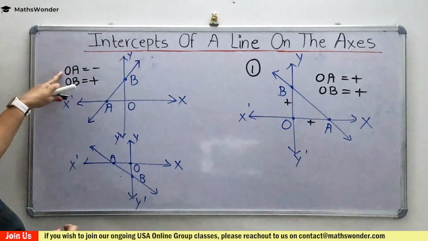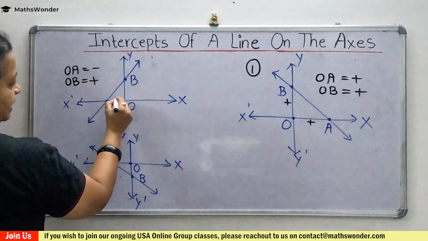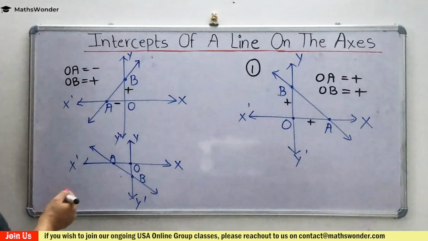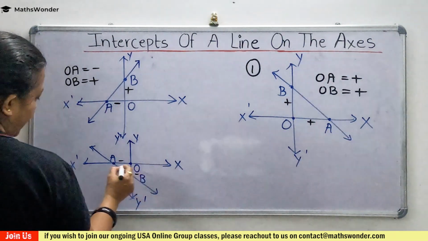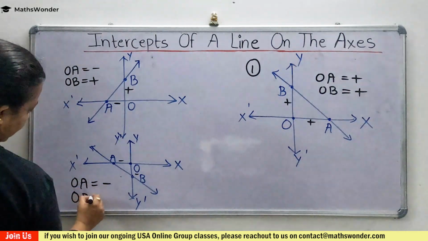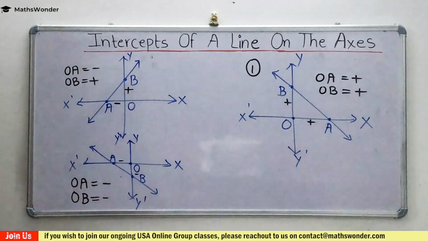Here OA is negative because this is the negative part and this is the positive part, so it changes here. So OA is negative and OB is positive. And here both are negative. OA is negative and OB is also negative, right?